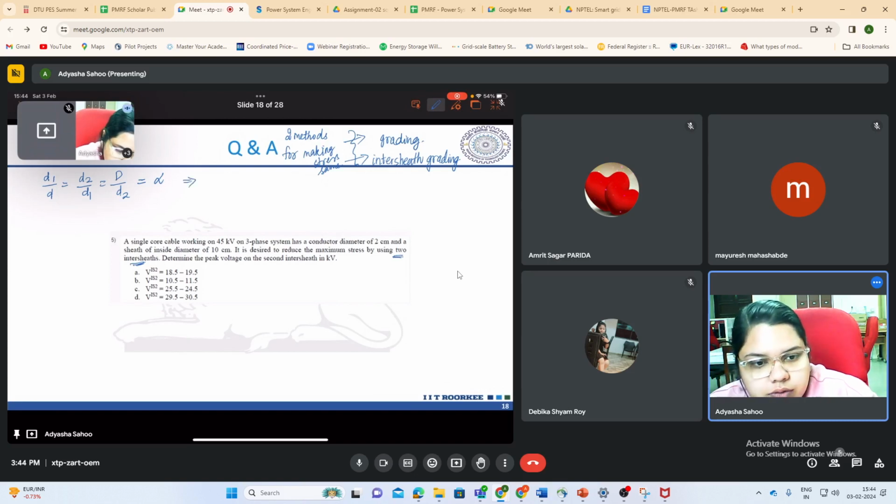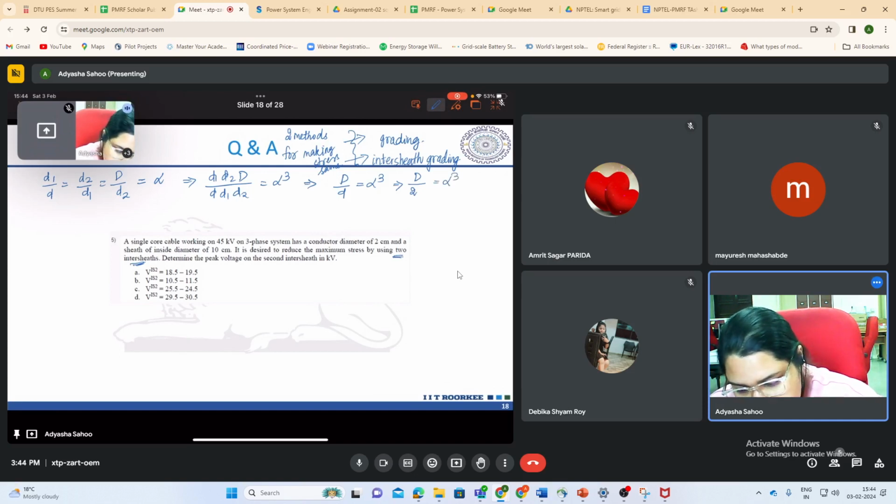If we multiply these three ratios, what we will get is d1 d2 D divided by d d1 d2 is equal to alpha cube. From here you can get D by d equals alpha cube. This is fine, right? So from here you have the conductor diameter as 2 cm. So D by 2 equals alpha cube.